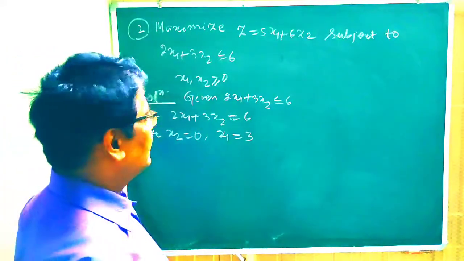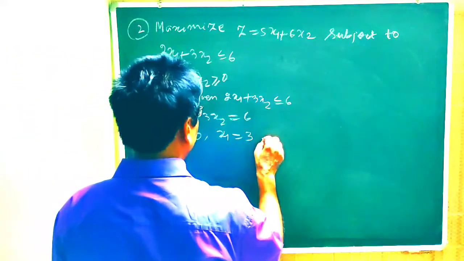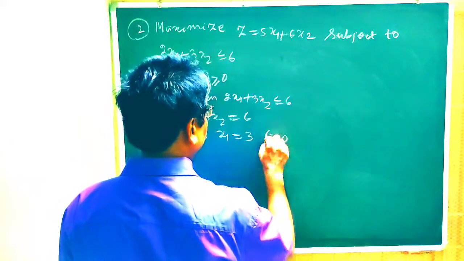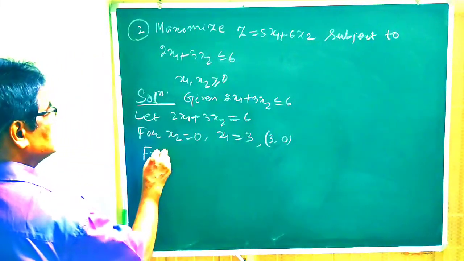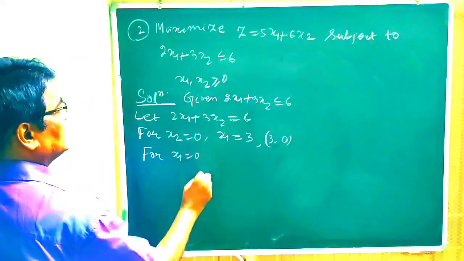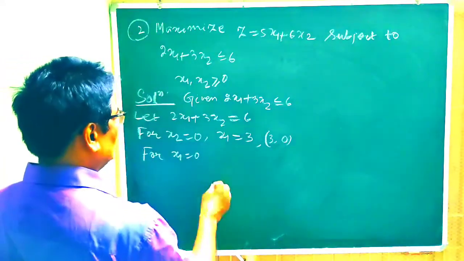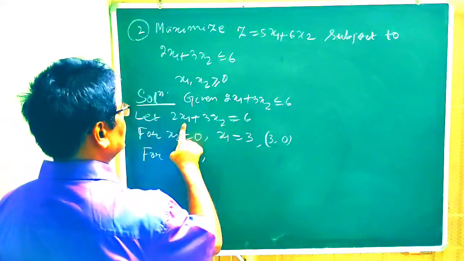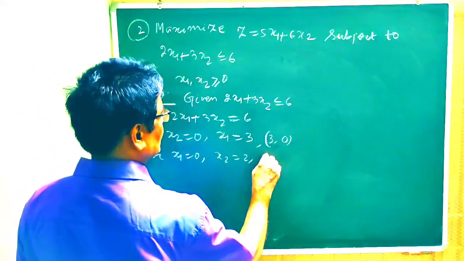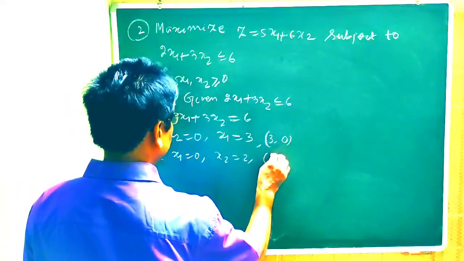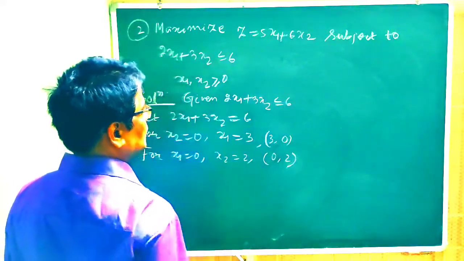So the point is on the x-axis and the point will be 3, 0. Now for x1 is equal to 0, we get x2 is equal to 2. So the point will be 0, 2.